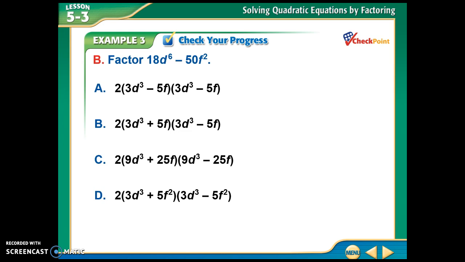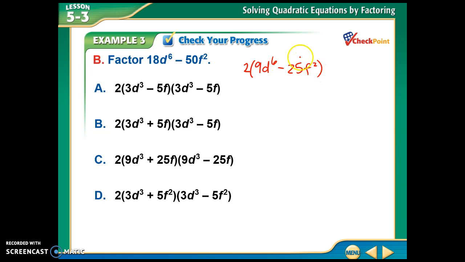Try this one on your own, and I'm going to work through it. First thing you do is look for a GCF. My GCF, 18 and 50, I know they're both even, so a 2 goes into them. I think my GCF is just going to be 2. They have 2 different variables, so I can't take out a variable. That leaves me with 9d to the 6th minus 25f squared.